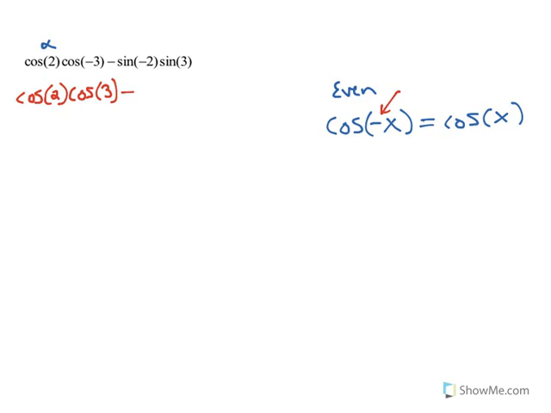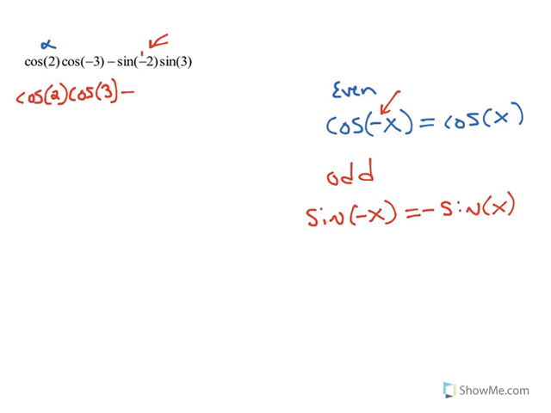Minus, and then notice again our angles don't match. We have a 2 on one of them, but a negative 2 on this one. But sine is an odd trig function. So sine of a negative x is identical to sine of a positive x, just multiplied by negative 1 in front, so the negative gets bounced out to the front.